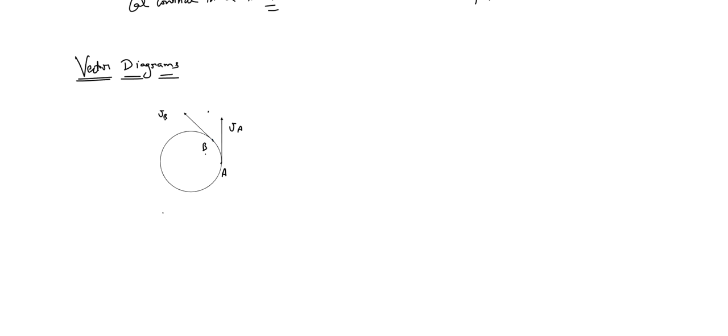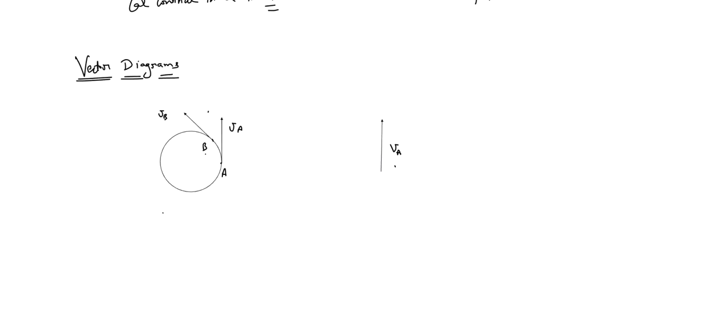Now, if you remember from the vectors, if I draw any line parallel to this and of the same length, this will also represent vector VA. Do you remember this? Yes, parallel.